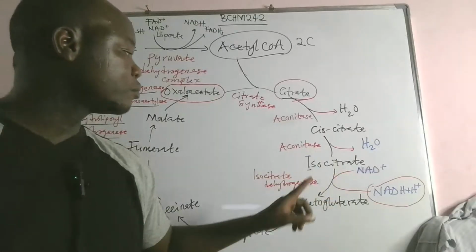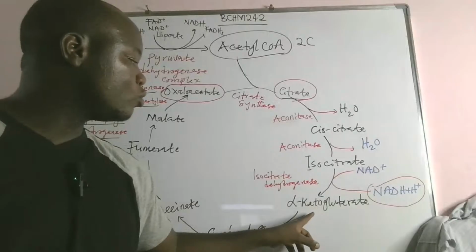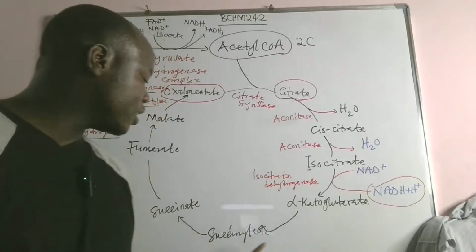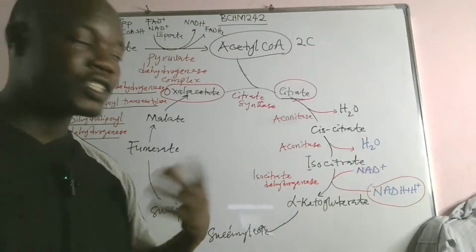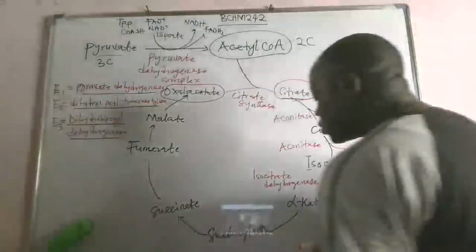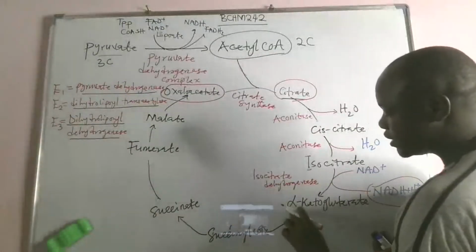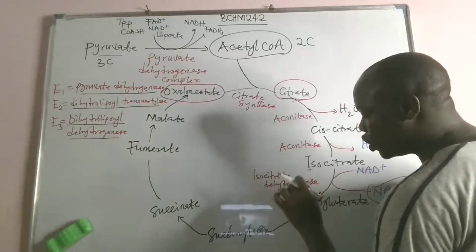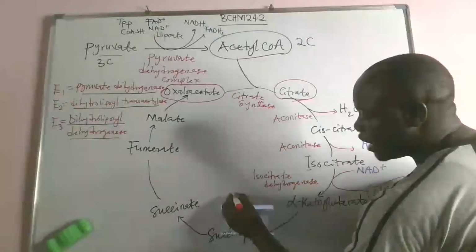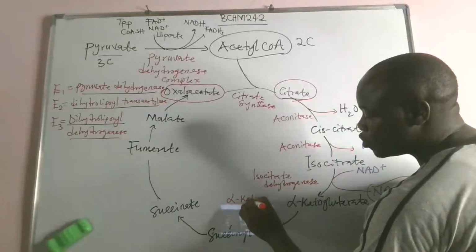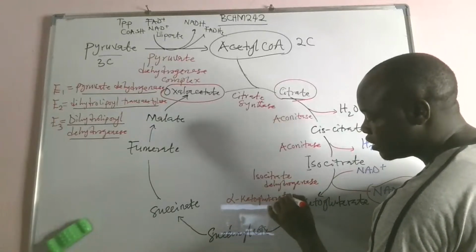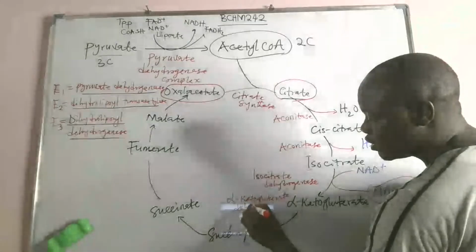Isocitrate is converted to alpha ketoglutarate, then the alpha ketoglutarate is converted into succinyl-CoA using an enzyme called, look at it, the name of the enzyme that converts alpha ketoglutarate to succinyl-CoA is called alpha ketoglutarate dehydrogenase.